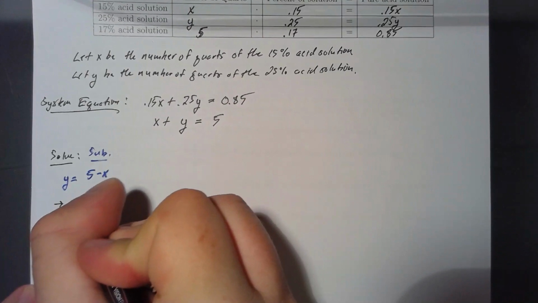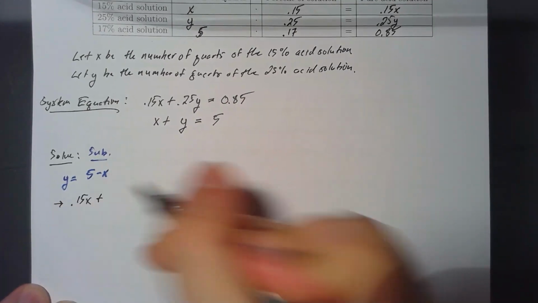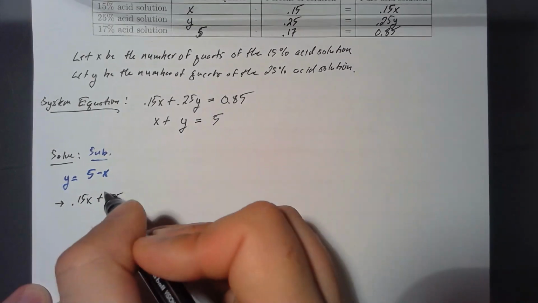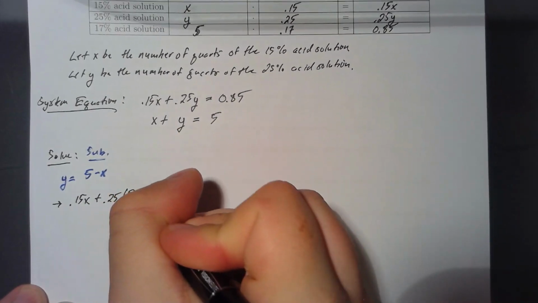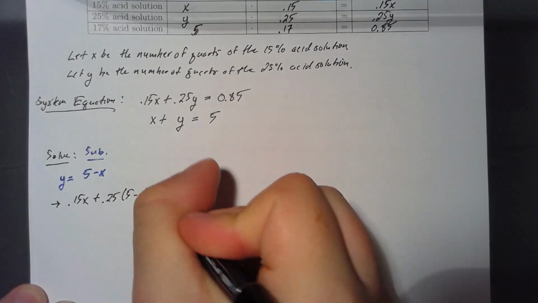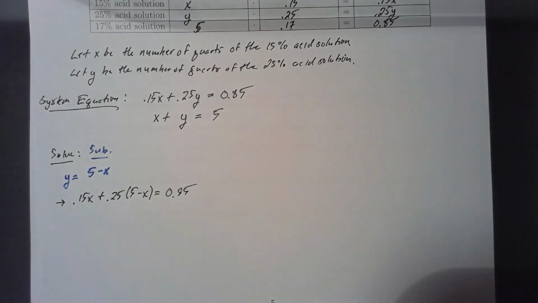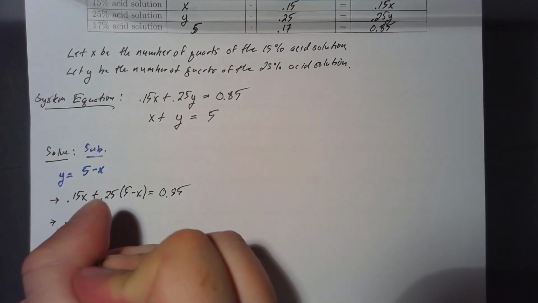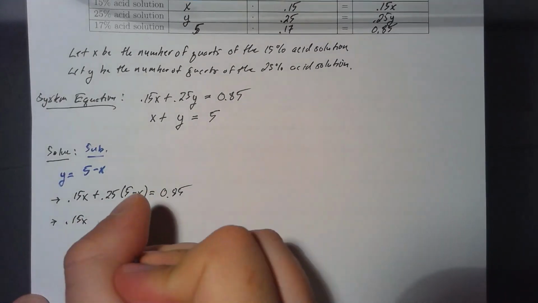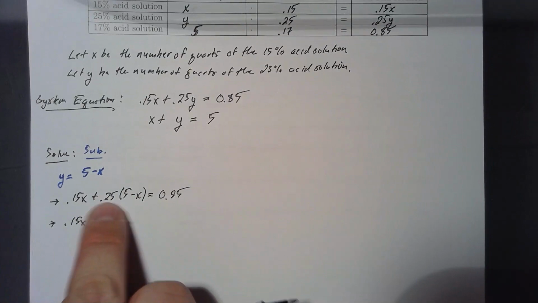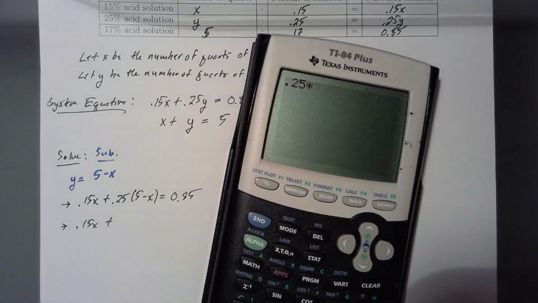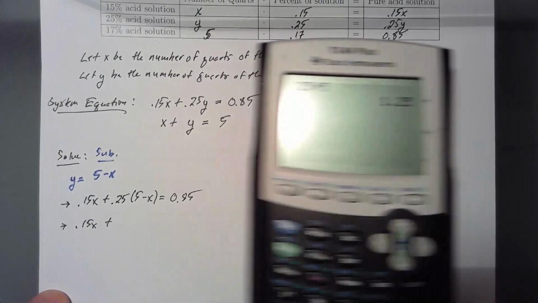So 0.15x plus 0.25 times the quantity 5 minus x equals 0.85. So 0.15x plus, now distribute the 0.25. That's 1.25.